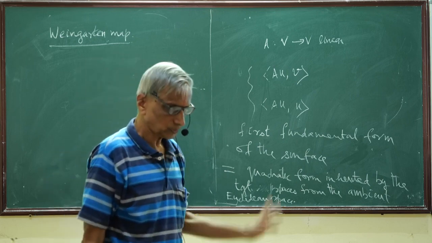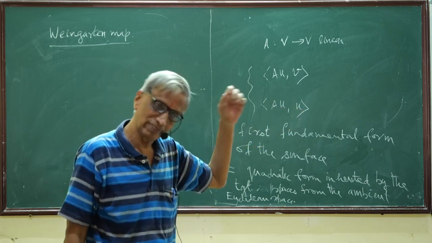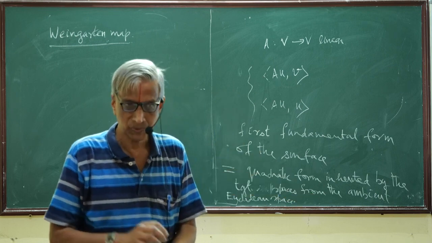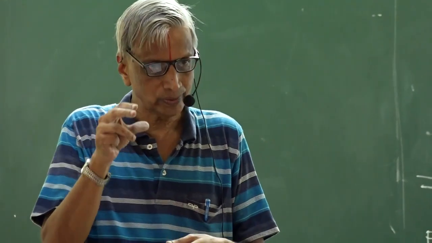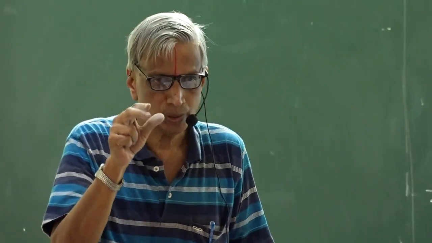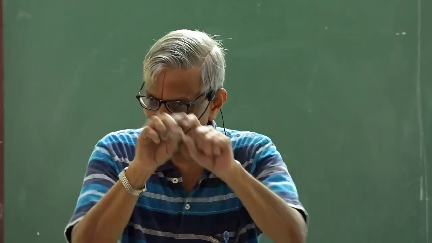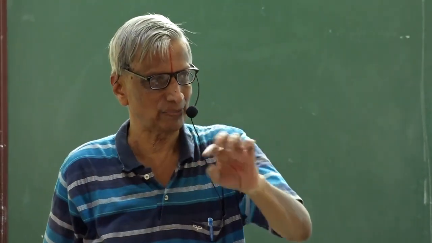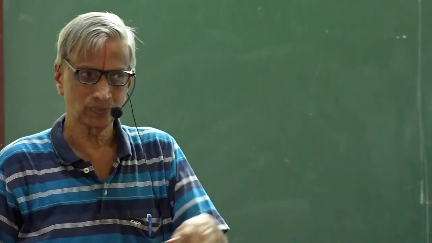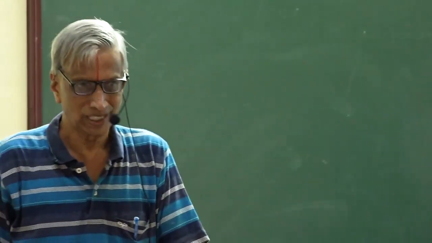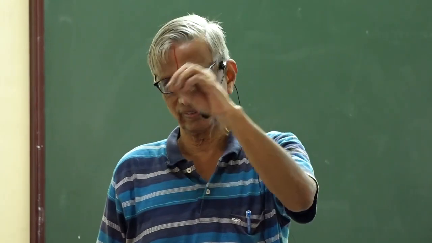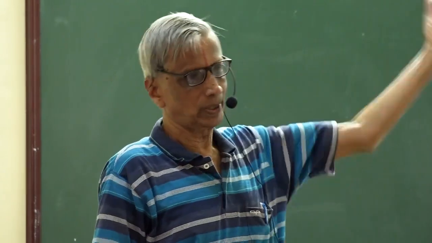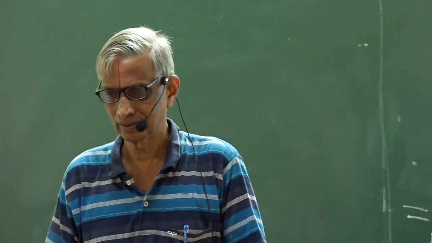Of course, we will not be proving that theorem or even probably stating the theorem, because first of all, you have to specify what you mean by area on a surface, the area of a patch on the surface. You can do that, but we are not going to do that. So we are not going to touch that at all.